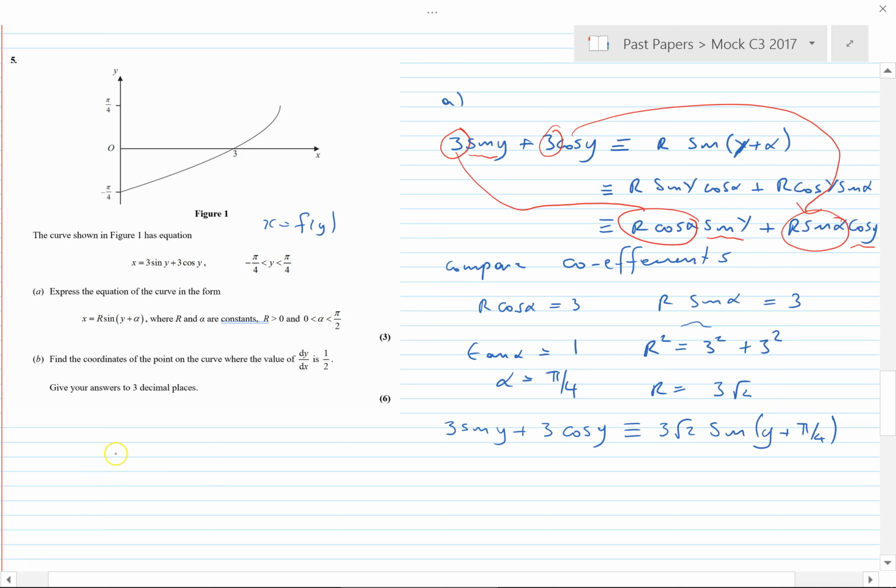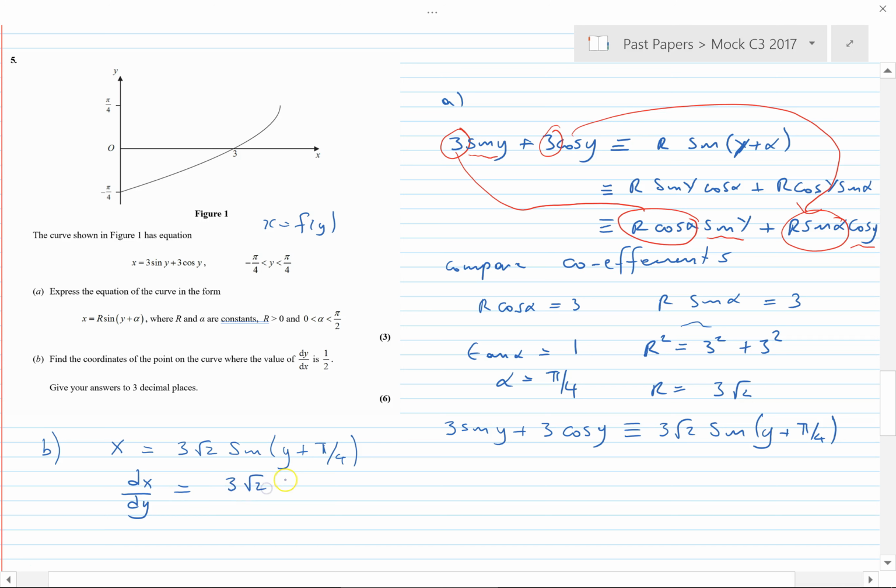So anyway, we've now got our expression, functions. X is equal to 3 the square root of 2 sine y plus pi by 4. And it's to do with a gradient, dy by dx, but what we really need to be doing is finding dx by dy, where the symbols are changed around like that.